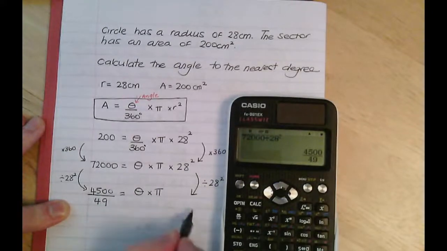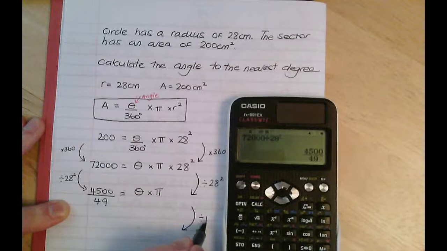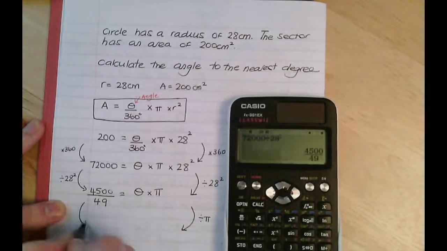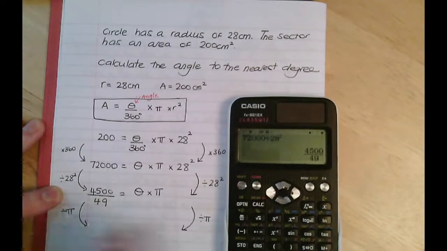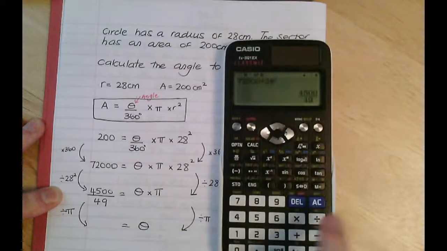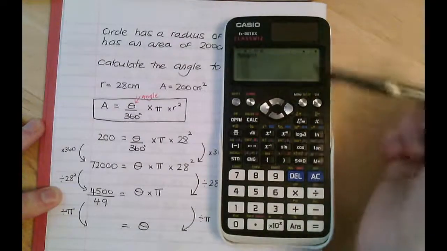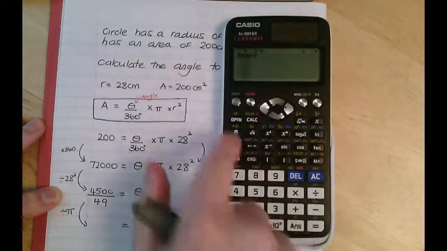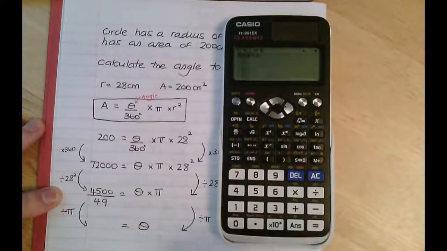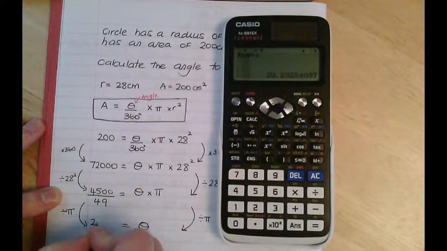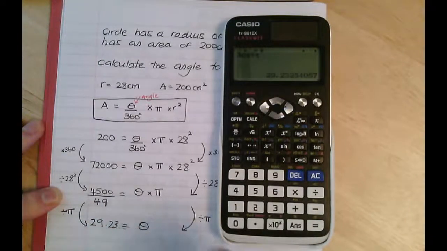And now I'm going to get rid of the pi and I'm going to divide by pi. So again, without clearing my answer, now just press divide. Now notice it uses the answer from before, divided by pi, and that gives me 29.23, and so on.